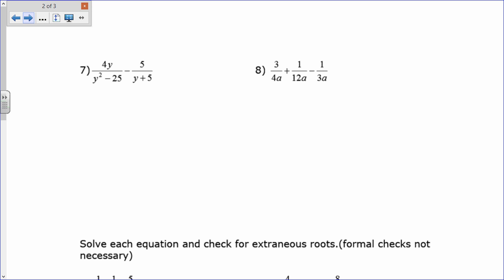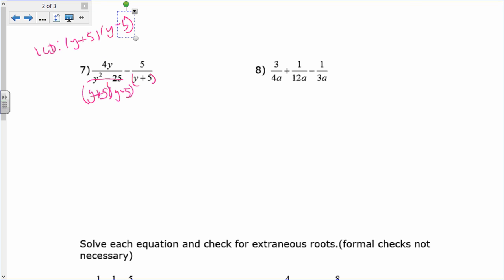All right, number 7 is still the same type of problem. That is a subtraction problem. I need an LCD. And I need to factor first, so this is y plus 5 and y minus 5. So my LCD is going to be y plus 5, y minus 5.